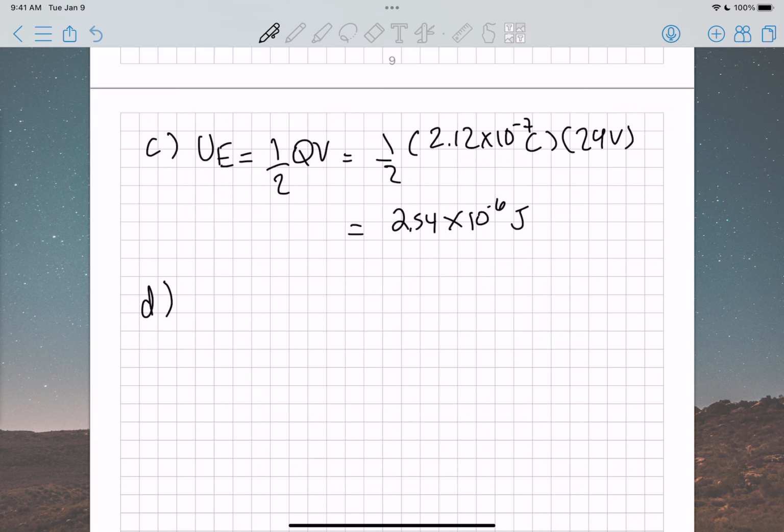So there's an equation. I don't think it's on the equation sheet, but what happens if you place a dielectric or an insulator between plates of a capacitor?